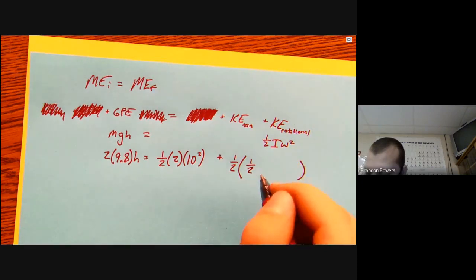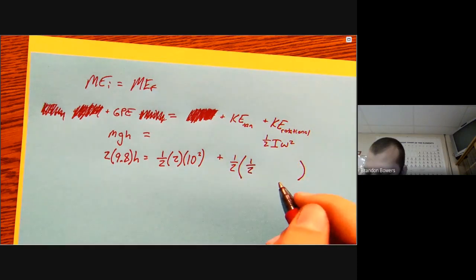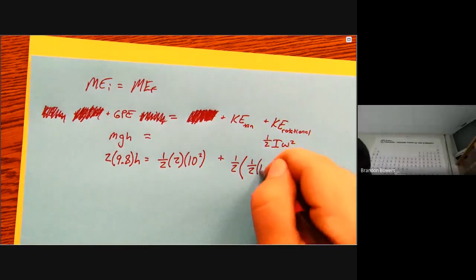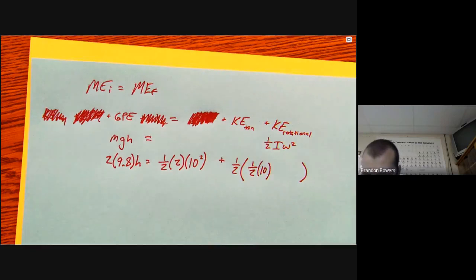The mass is the final, a solid cylinder with a mass of 10. So the final mass is the 10. And my radius is 0.7. So 0.7 squared.